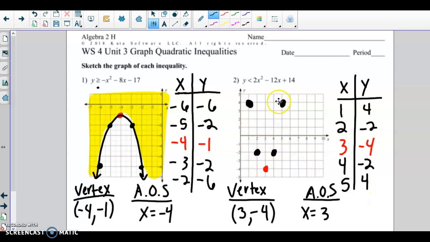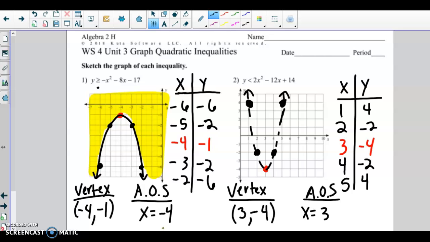But now when I go to connect these points, I look at the inequality. If there's no equal, here there is no equal, I'm going to connect them with a dashed line. And the shading is now less. So less, I think about, I want to shade below this quadratic.